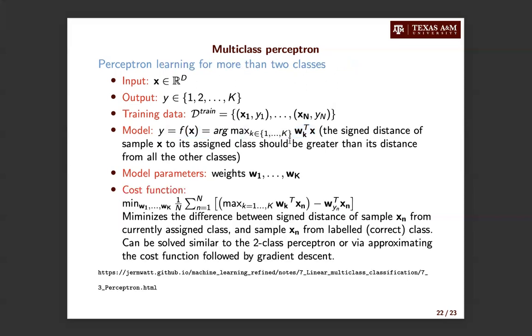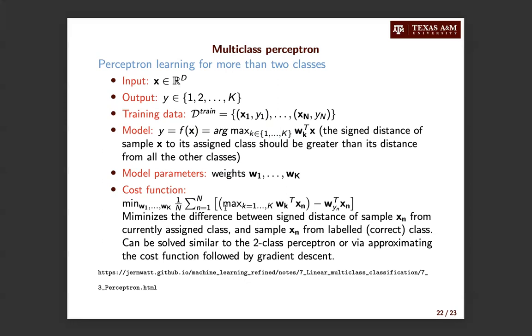Now the question is, how do we learn these hyperplanes? We can actually introduce a cost function. And this cost function here that we see evaluates the difference between the signed distance of each sample from its currently assigned class and the distance of the sample from the labeled class.